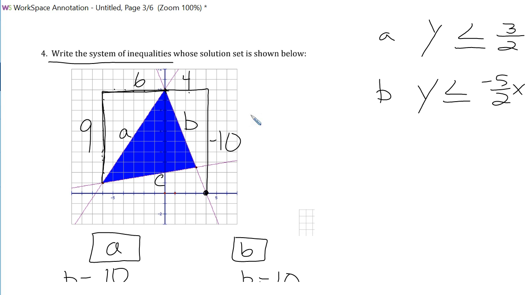All right, so now we got to find C. Now C has a y-intercept of 2. Slope, it's really slight. So let's take this point, and let's use this point. It's easiest for us to use even number points.